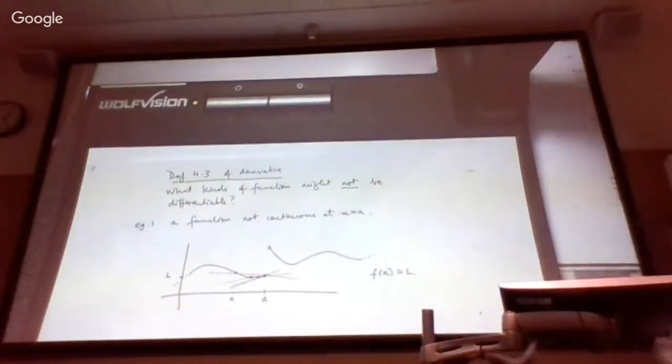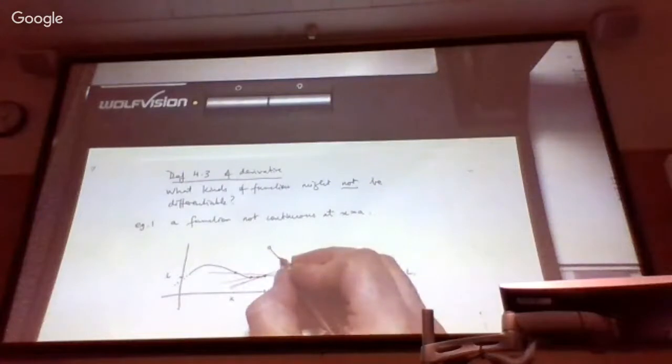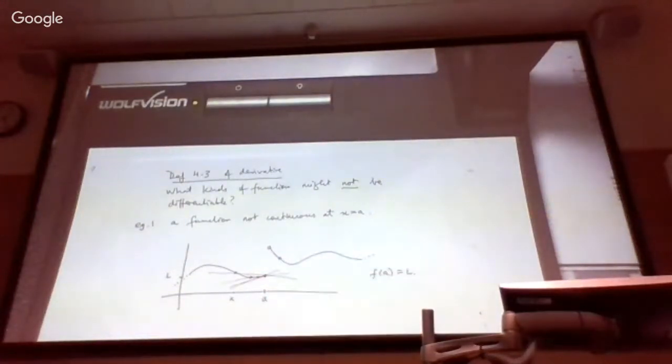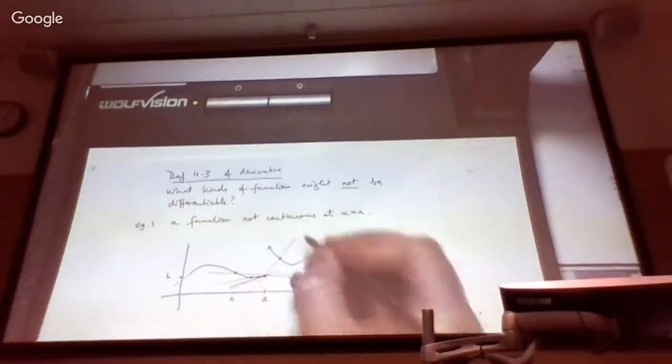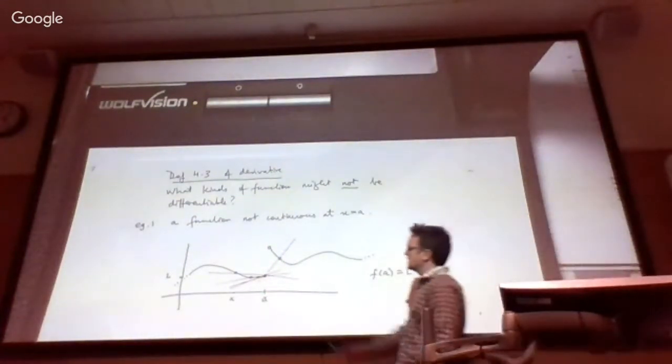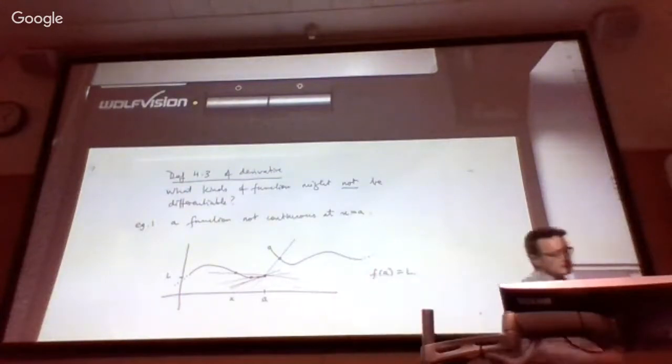However, when you imagine a point x to the other side of a, we've got very different chord lines. I'll do these in blue. So there's a chord line corresponding to a value of x to the right of a.